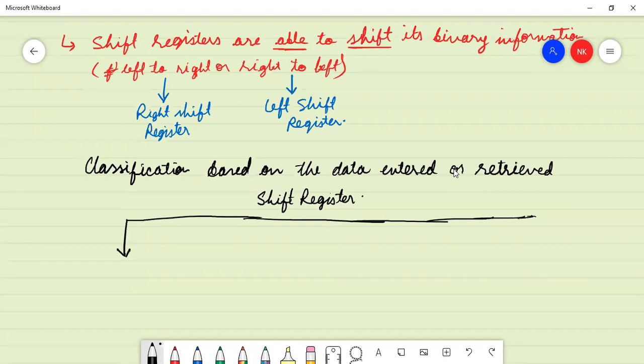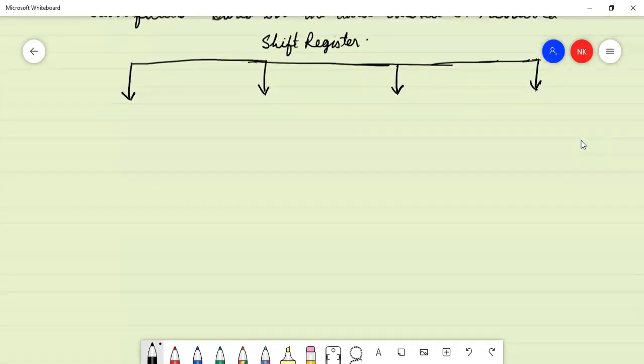So type 1, type 2, type 3 and type 4. What are those types? We can see. The very first type is known as SISO. I will tell you the full form of all these, and I think some of you also know this.